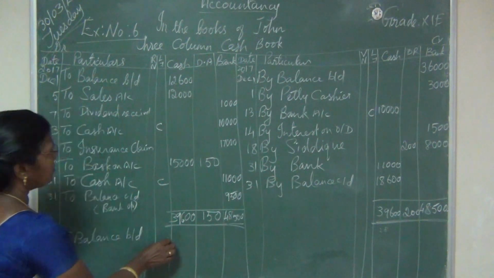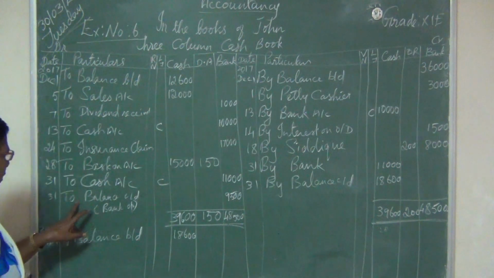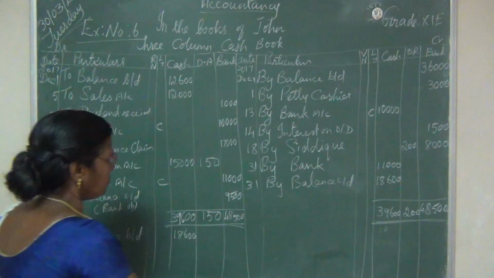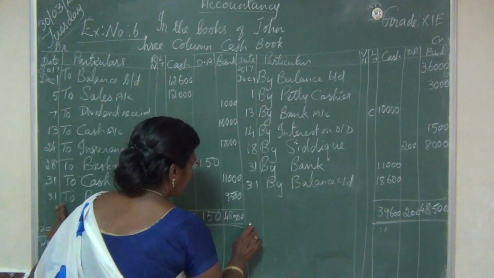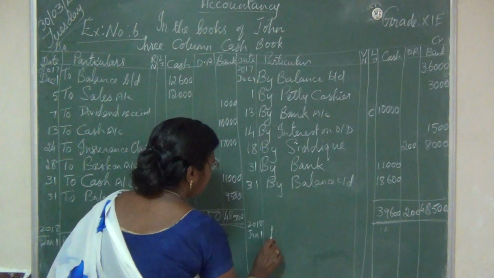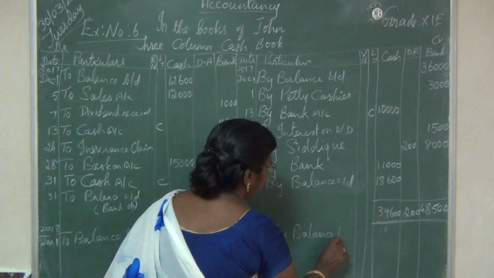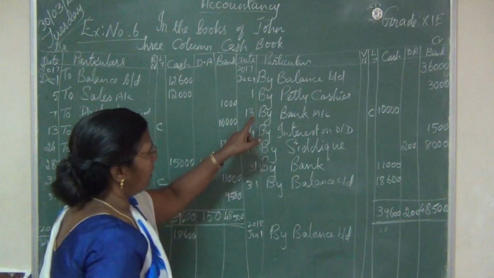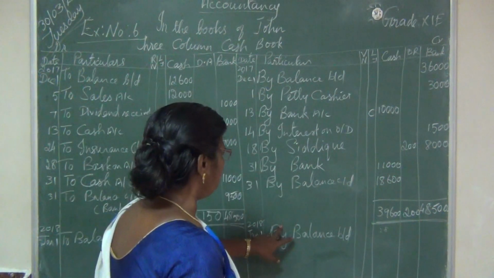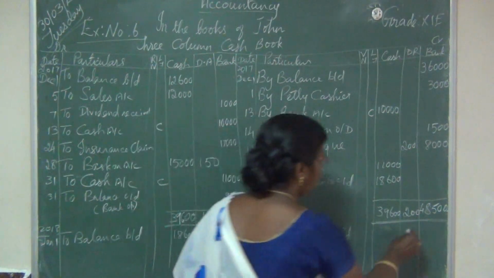Cash 18,600. Then in the bank column we have a credit balance, isn't it? So 2018 January 1, by balance brought down. At the beginning also we had bank overdraft only. Okay, so here also we have bank overdraft 9,500.